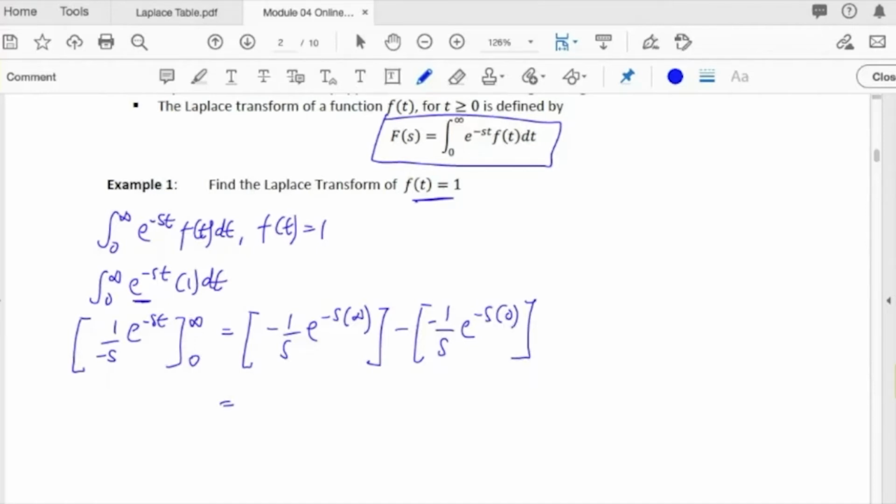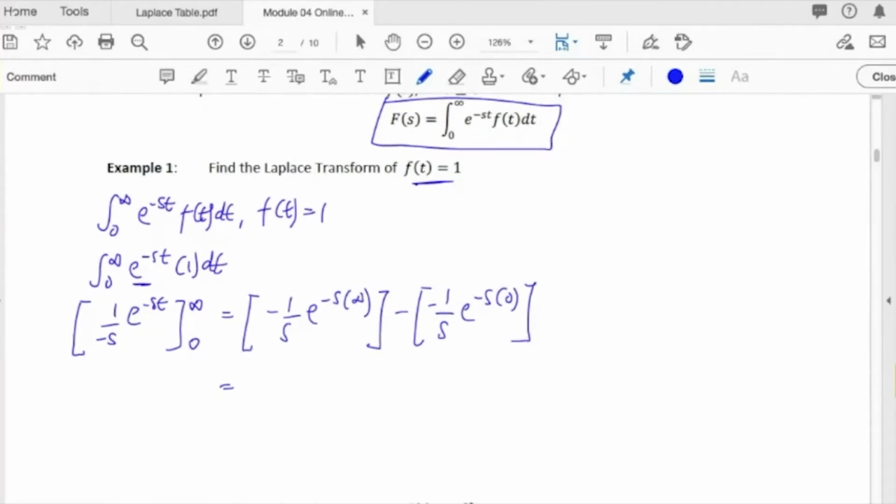So what do you get when you have e raised to negative infinity, a very large negative number? You will get something approaching a very small number. So this whole thing will approach 0, because e to the negative infinity approaches a very small number, and a very small number multiplied by 1 over s is also approaching a very small number.